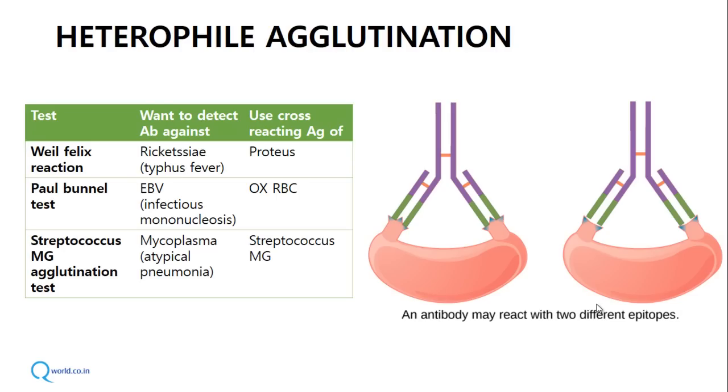Another example is the Paul-Bunnell test, in which I want to detect antibodies against Epstein-Barr virus in infectious mononucleosis, but I use the OX-RBC antigen. Similarly, the Streptococcus MG agglutination test detects antibodies against mycoplasma in atypical pneumonia, using a cross-reacting antigen whose structure is very similar to mycoplasma, that is Streptococcus MG bacteria. So this is the heterophile agglutination test. There are many more also.